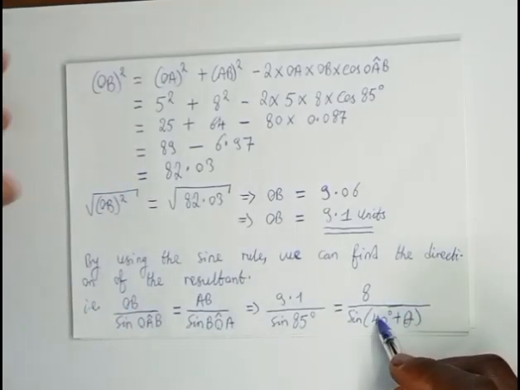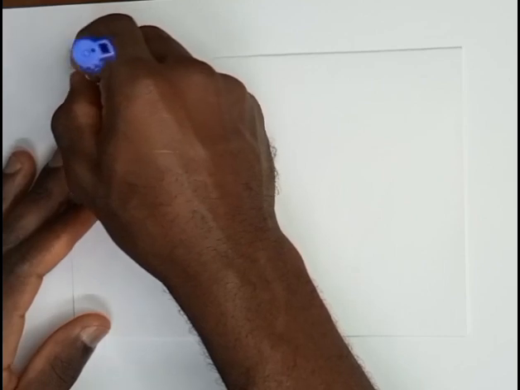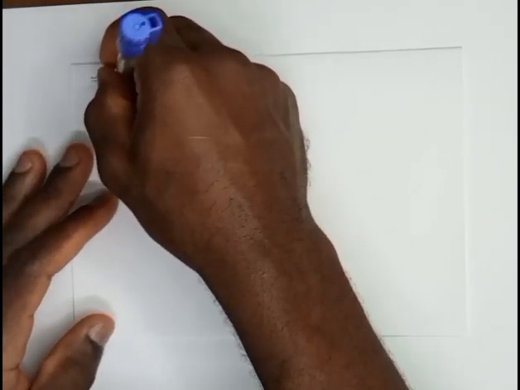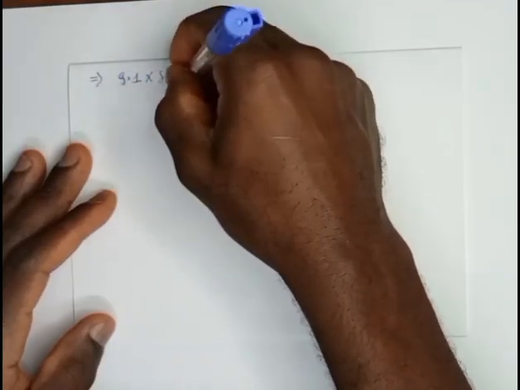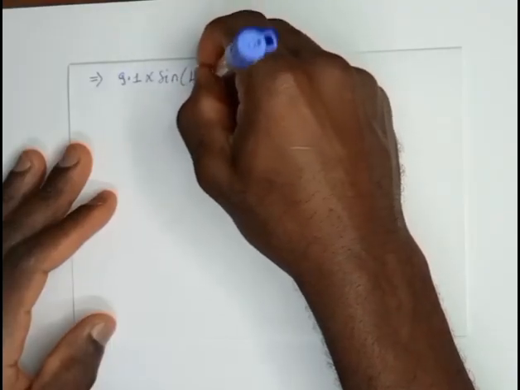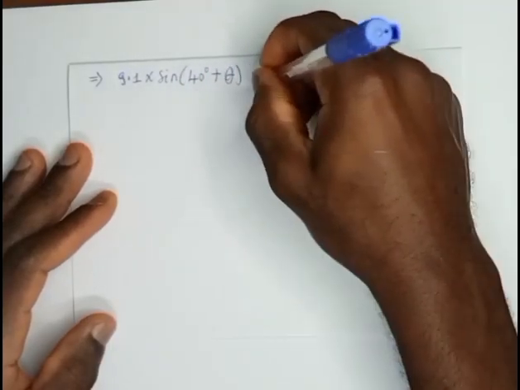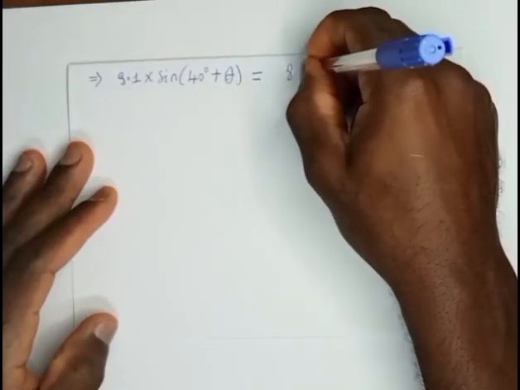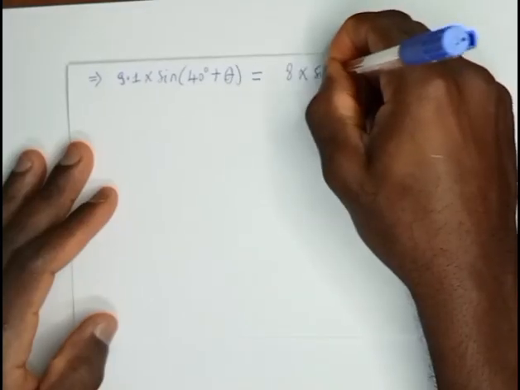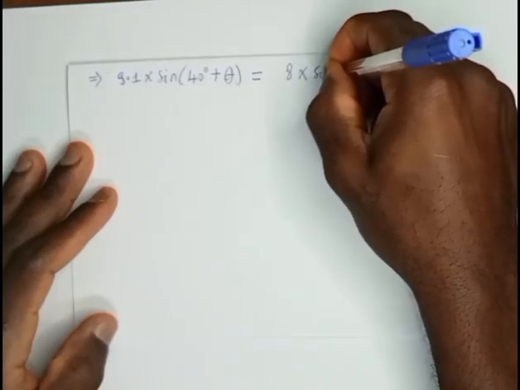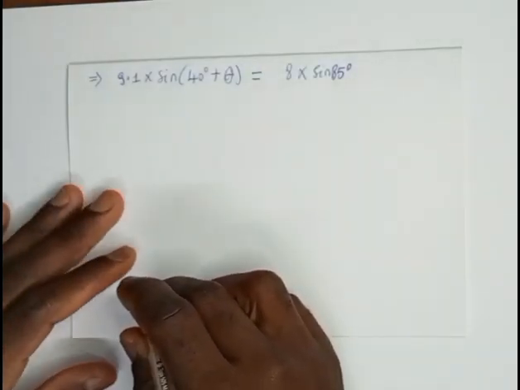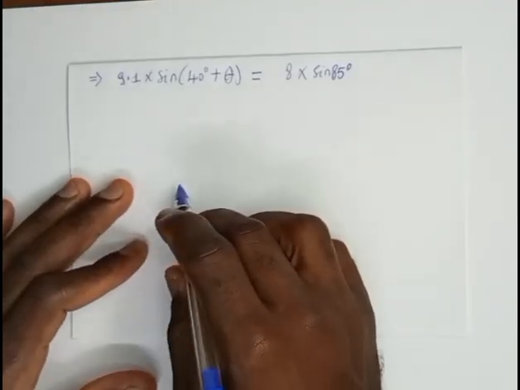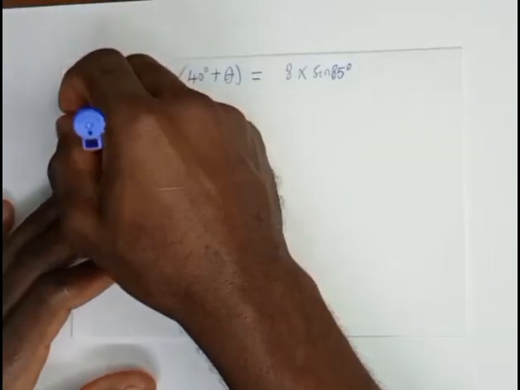Next step, we are going to cross multiply. Then 9.1 times the sine of 40 degrees plus theta will be equal to 8 times the sine of 85 degrees. Next step, we have to simplify. We divide both sides by 9.1.